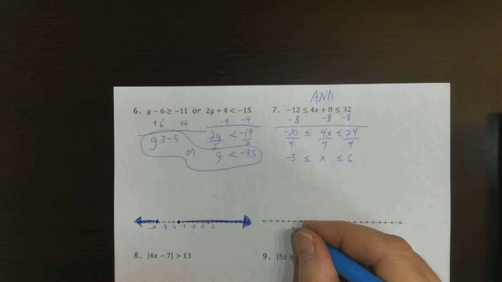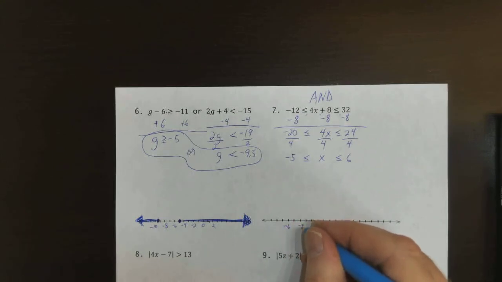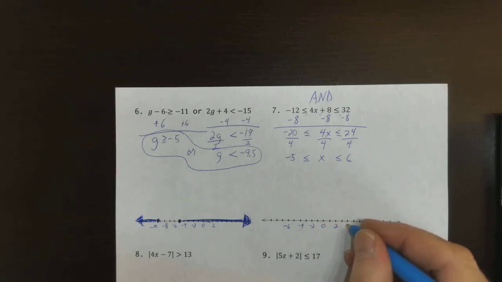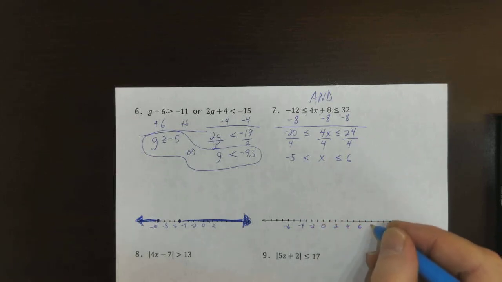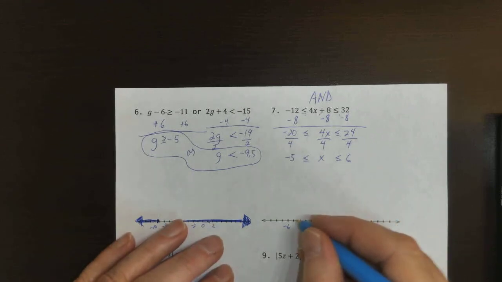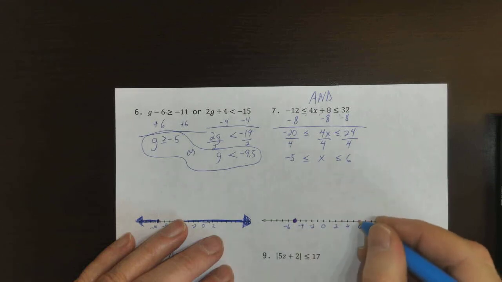Alright, I'm going to put -6, -4, -2. I'm just plotting the even ones right now. 2, 4, 6, 8. Okay, this is AND. -5 is right here. 6 is right here.